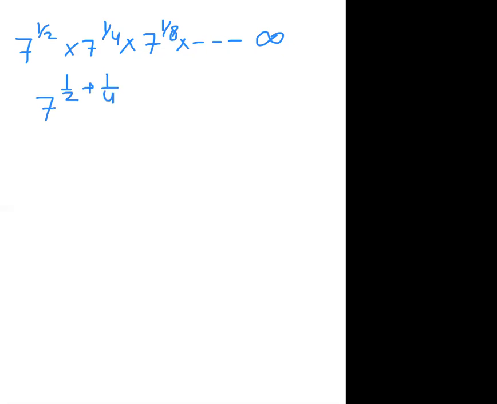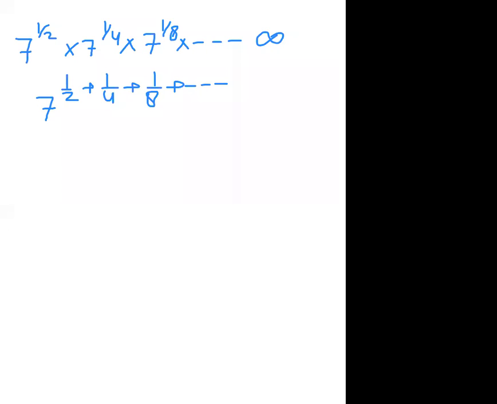One question: 7 to power 1 by 2 into 7 to power 1 by 4 into 7 to power 1 by 8 into dot dot dot. We need to find the product of infinite terms. When multiplying, powers will get added. So 7 to power 1 by 2 plus 1 by 4 plus 1 by 8 plus dot dot dot.